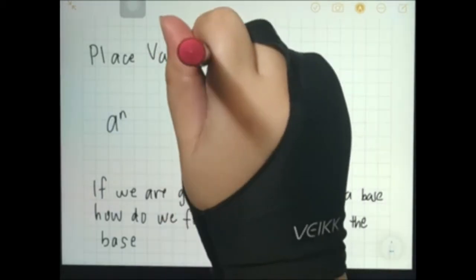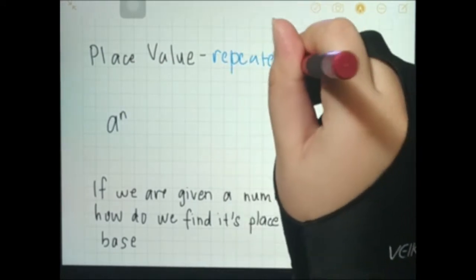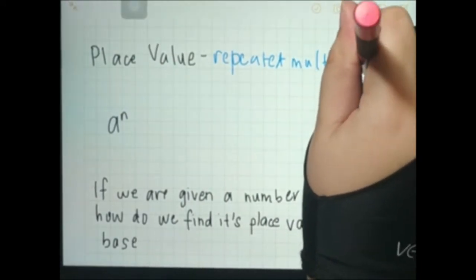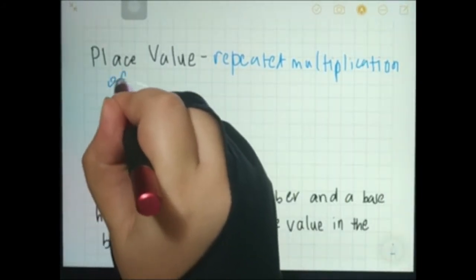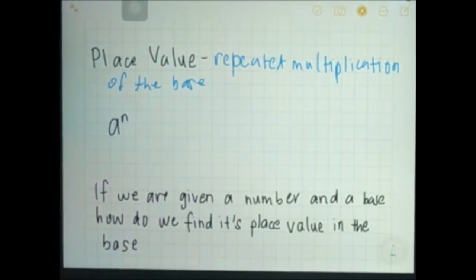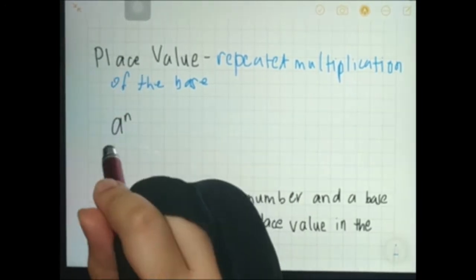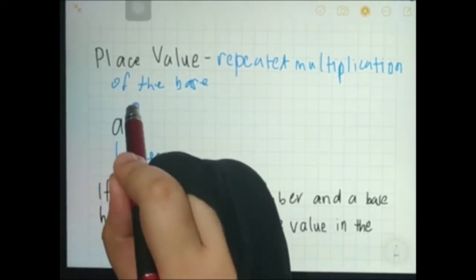Place value is repeated multiplication of the base. So here is a to the power of n. a represents the base and n represents the power.